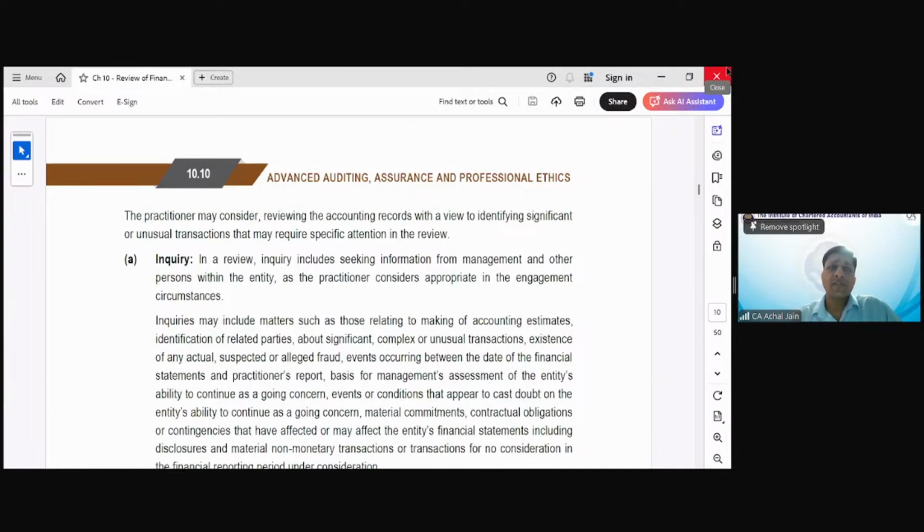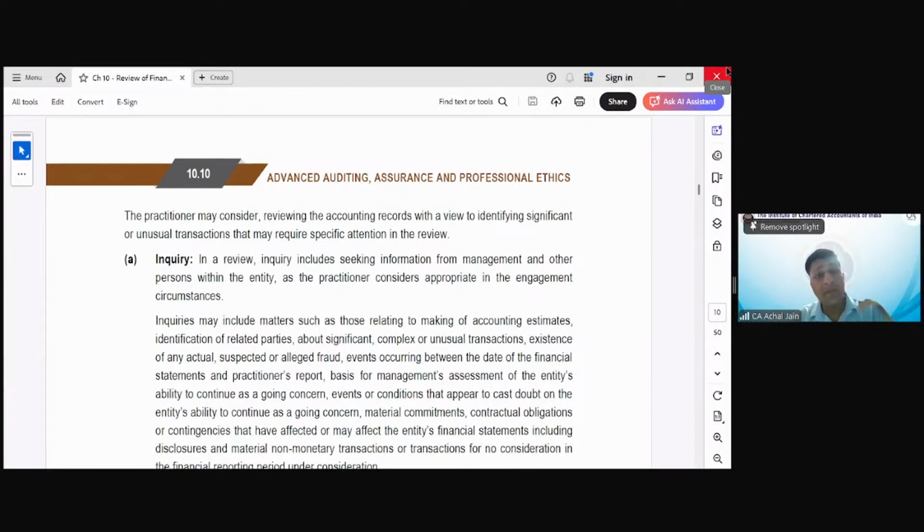What is assurance? Assurance is something when the practitioner comes in, verifies some information, performs the procedures, whether related to verification, examination, testing, analytical, anything he'll do, and he is required to report on that. Whenever you provide assurance, you need to be independent.